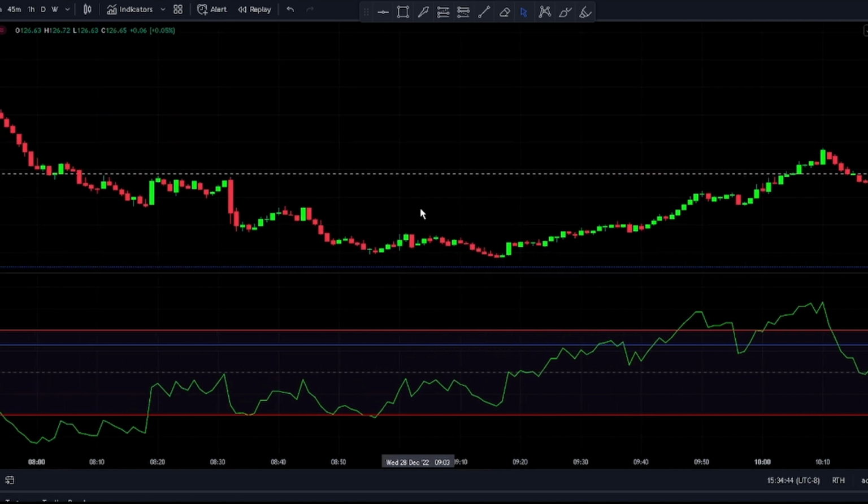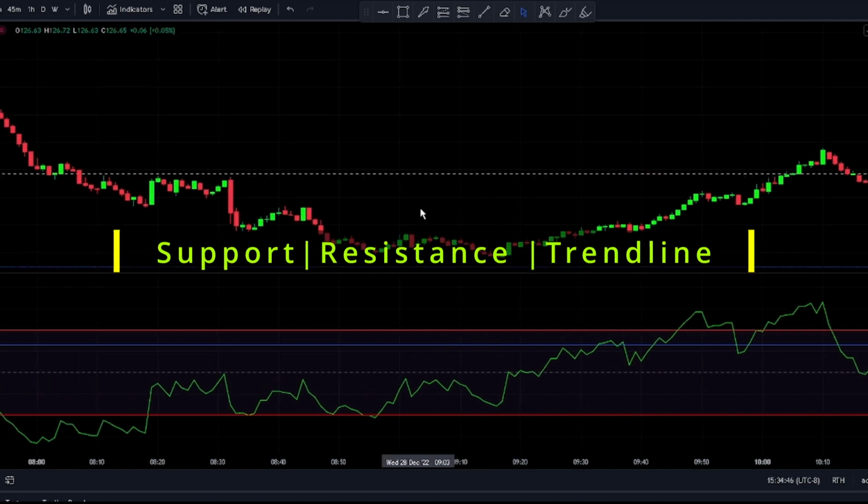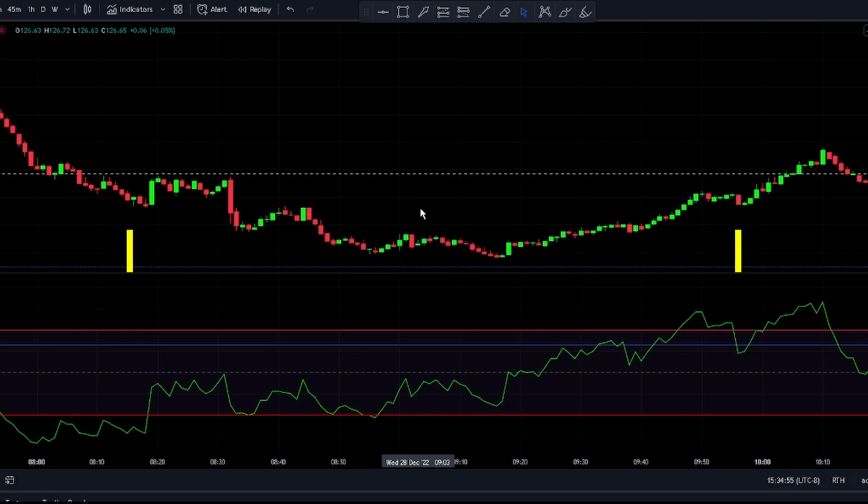By analyzing, I mean three things: the support, resistance and trend. These are the three things that I look for when I want to take a trade.